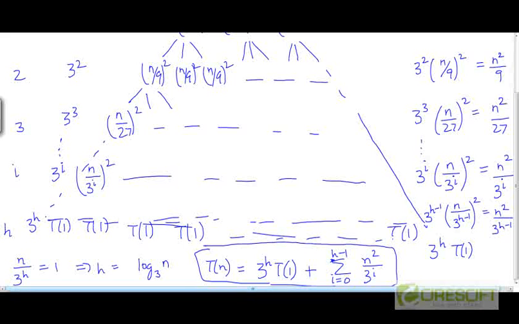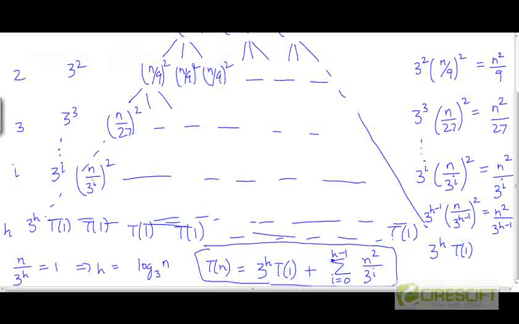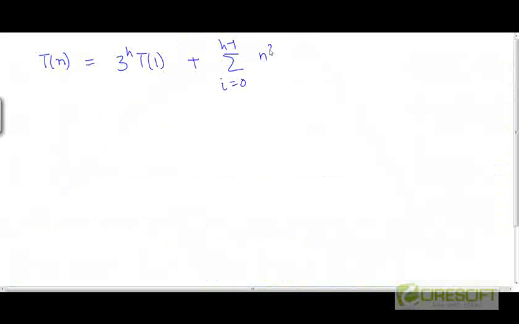Let me write that down separately so that we can simplify it. T of n is 3 to the power h multiplied by T of 1 plus summation of i varying from 0 to h minus 1 of n squared divided by 3 to the power i.